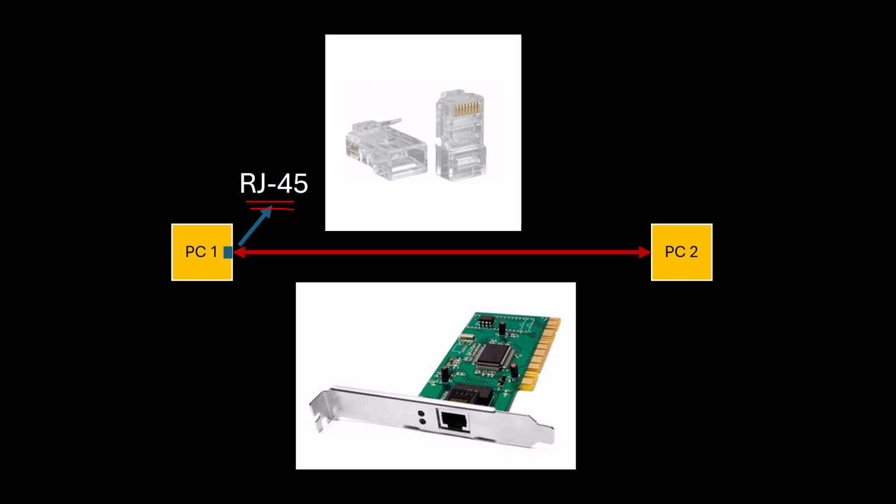Here you can see the picture of the RJ45 connector. This will be attached at the end of our cable, one at each side. Then one end of the cable will be connected to the network interface card of PC1 and the other end will be connected to PC2. It will be connected through here.